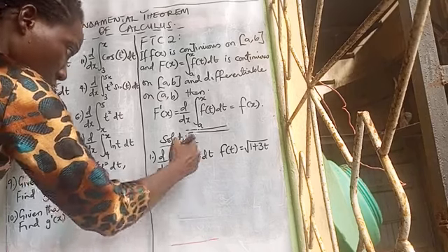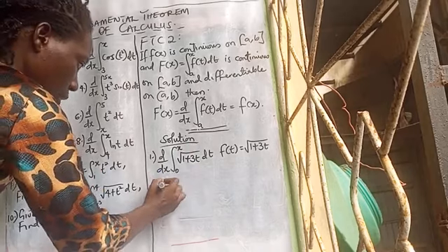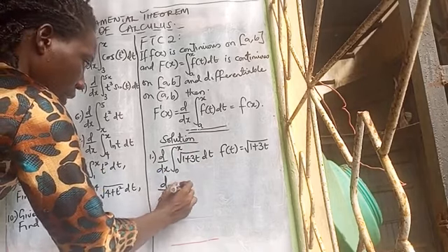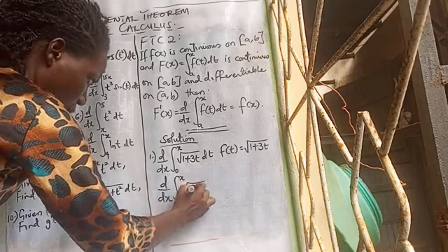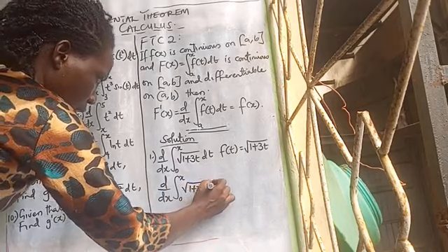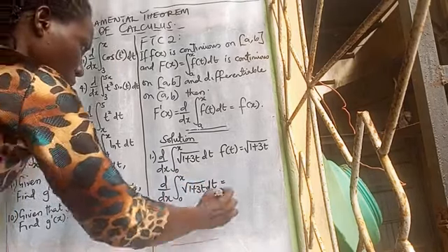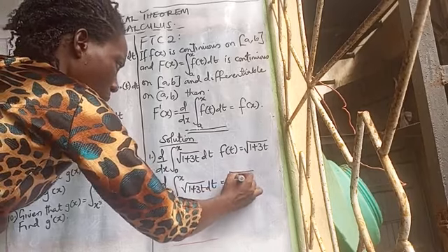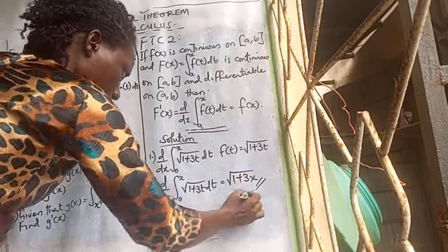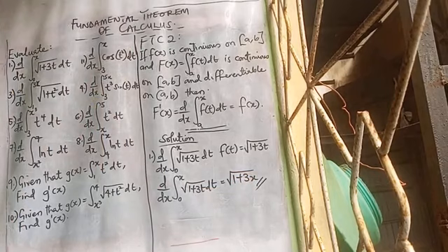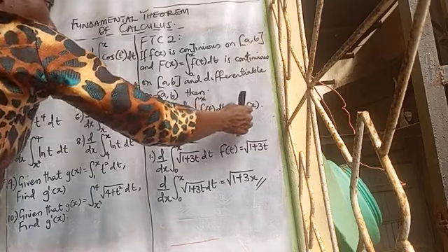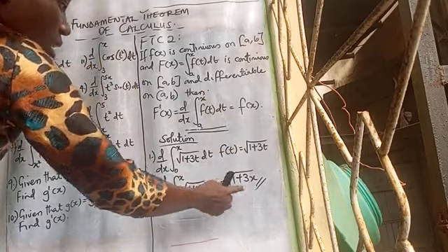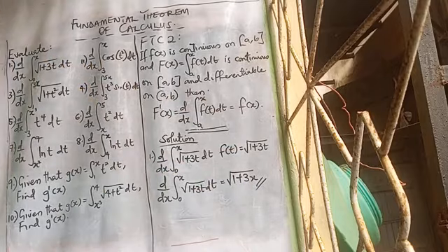And therefore, it tells me that d/dx of the integral from 0 to x of the square root of 1 plus 3t dt will give me what? The square root of 1 plus 3x, straight away, because that is my f of t. Just input your x back there and you have f of x.